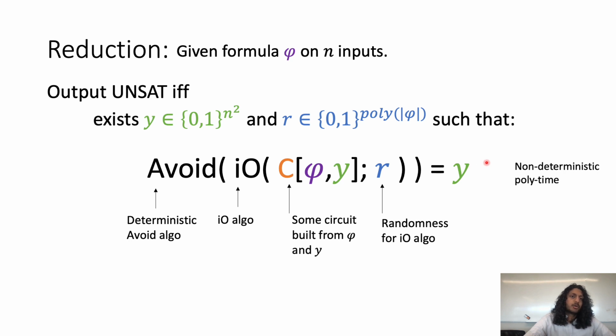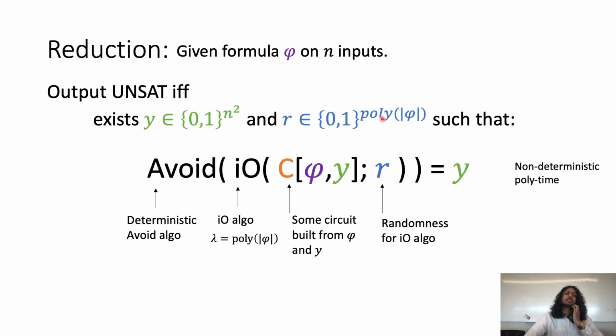And I want to stress, hopefully it's clear that this is a non-deterministic polynomial time algorithm, because it makes some guesses, it guesses y and r, and then it checks this condition, and this condition is polytime checkable, because the iO is polytime, Avoid is polytime, C, as you'll see later, can be built efficiently. So again, you guess y and r, and you see if when you run Avoid on the obfuscation of some circuit, you get back y.